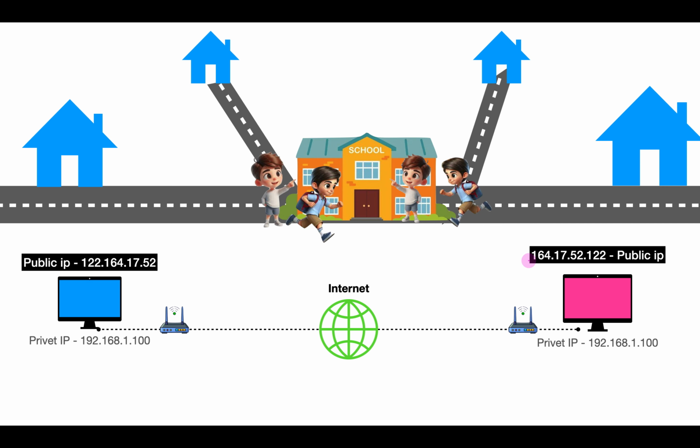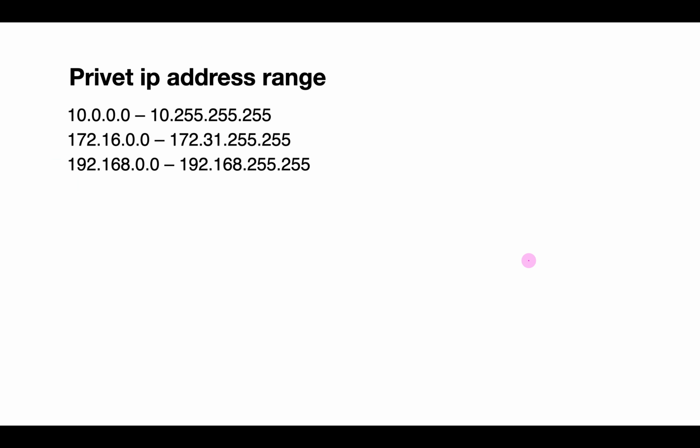That is the reason for the difference between the private and the public IP address. So the range is reserved: 10.0.0.0 till 10.255.255.255, another block of 172, and another block of 192.